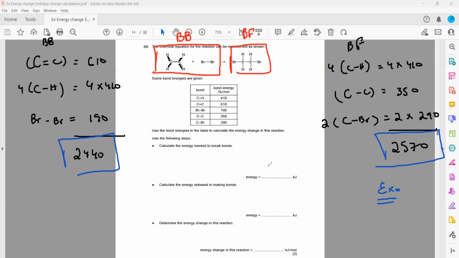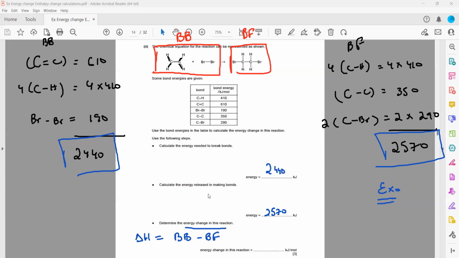The bond breaking energy is 2440. Bond energy release is 2570. Then what is the energy change? Energy change means enthalpy change. What is the formula for enthalpy change? The formula for enthalpy change is bond breaking minus bond forming.